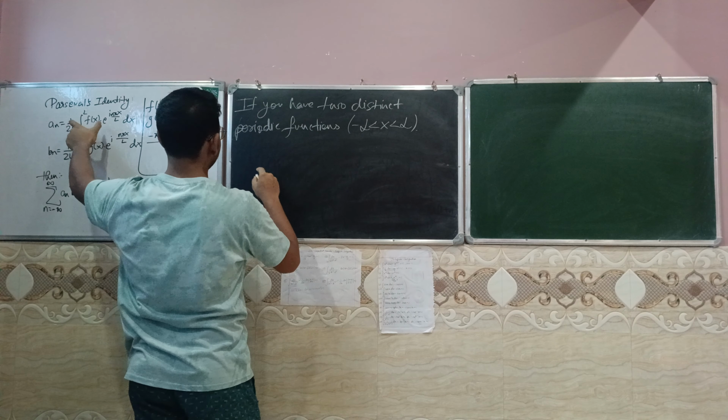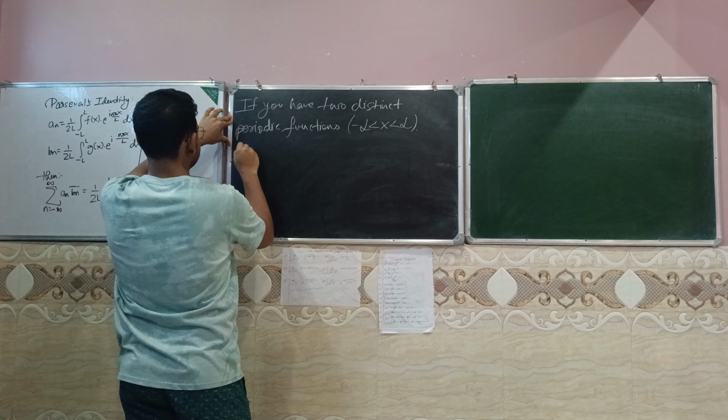You have your f of x and g of x. Let's say these are the two functions. Your f of x is a function and g of x is also a function, distinct, although periodic functions.